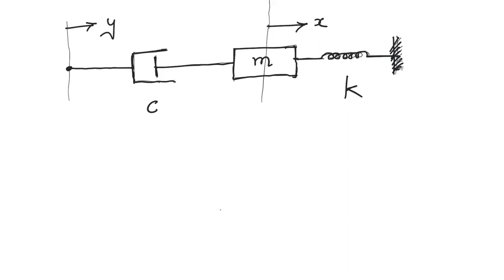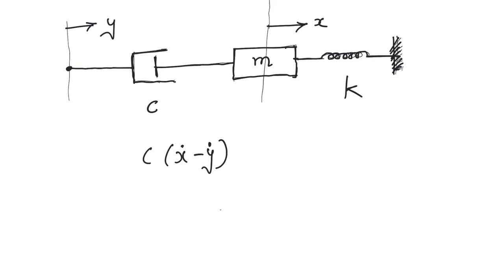Force in the damper will be C into x dot minus y dot, because this point is seeing a displacement of x. That means the velocity of this particular point will be x dot and the velocity of this particular point will be y dot. So the net force on the damper will be C times x dot minus y dot.